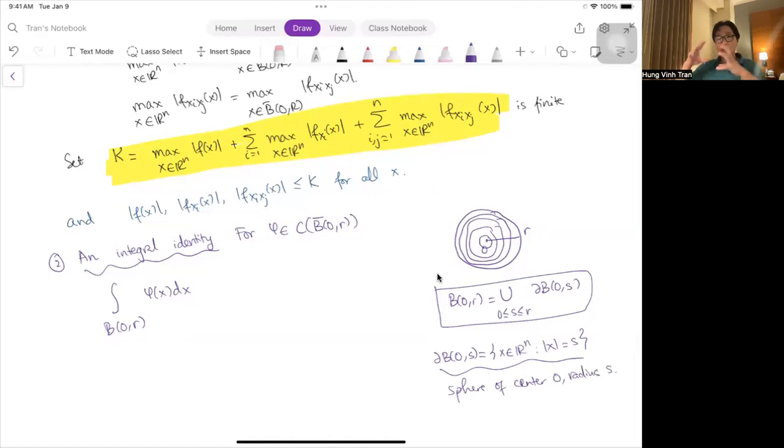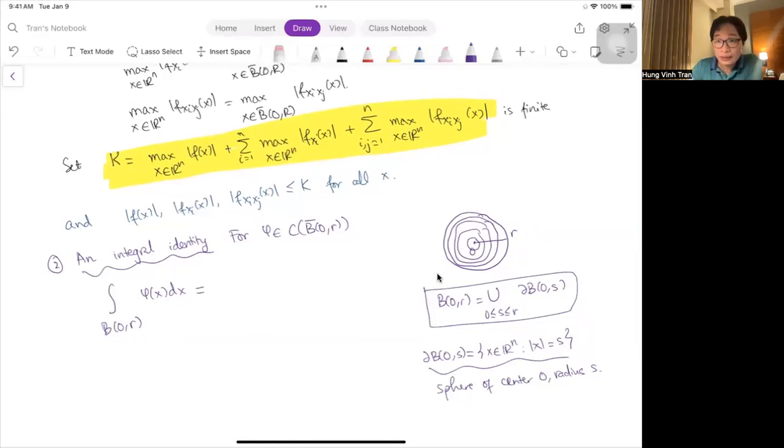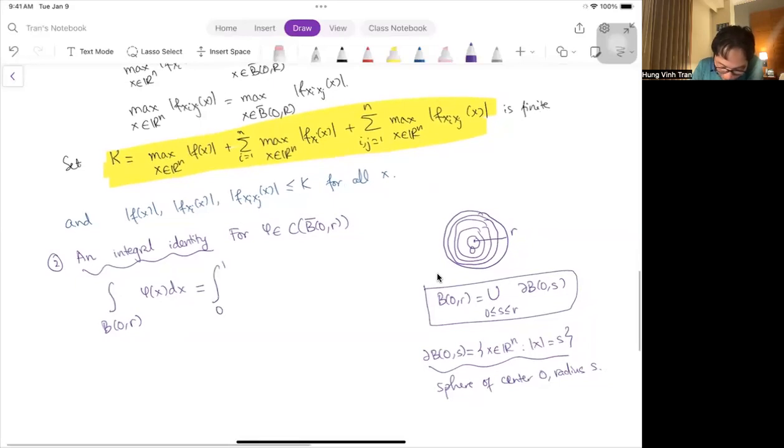So you can think about it as a ball that we can peel into layers and layers of spheres. Or you can just pack all the spheres to have a ball. So this integral identity is telling us that when we integrate in this ball, we can integrate in each of the spheres and then integrate in the radii, from 0 to r.